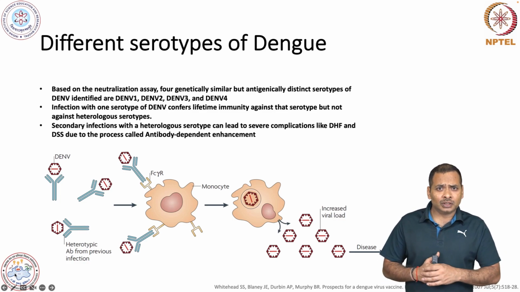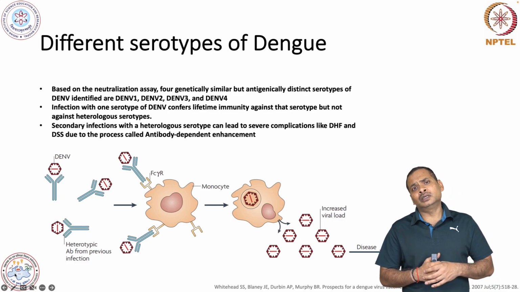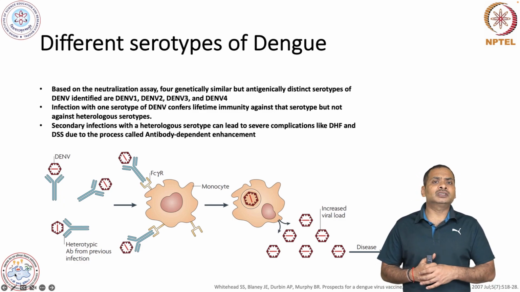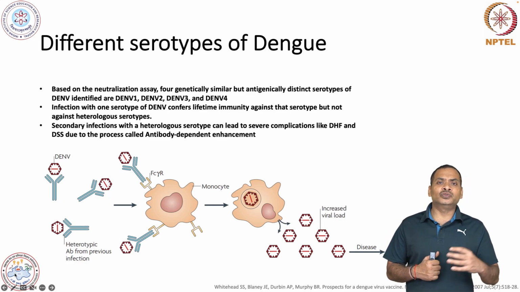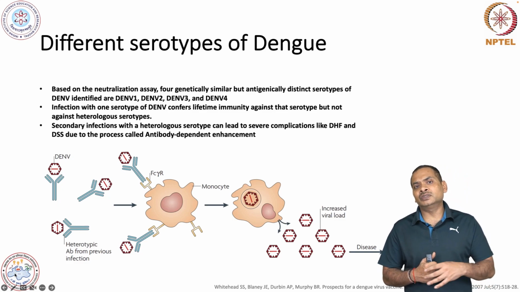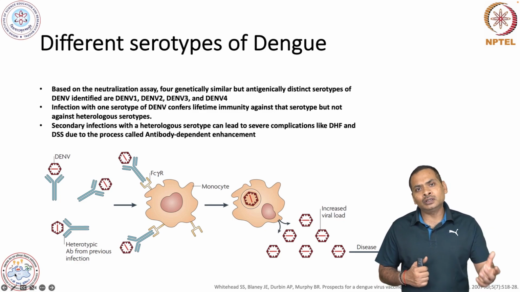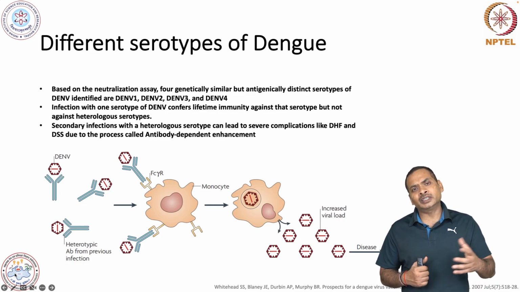So the individual will be having the antibodies against dengue 3, and this antibody binds weakly with dengue 1 if the individual is infected a second time with 1, 2 or 4.